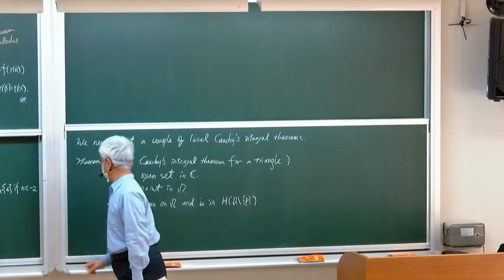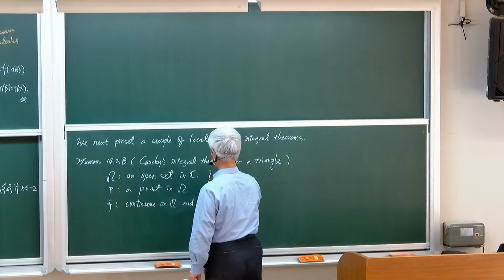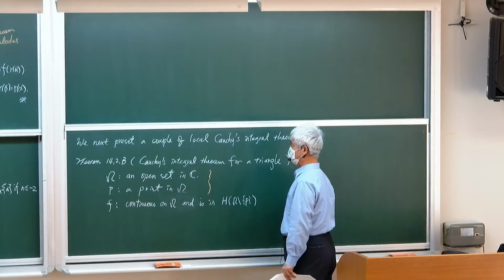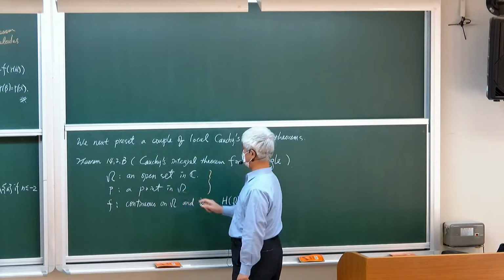Now, omega is an open set, and P is a point in omega.